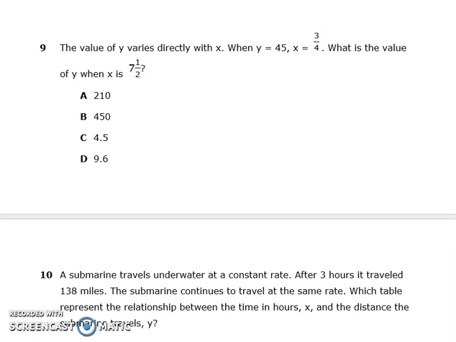The value of y varies directly with x. When y equals 45, x equals 3/4. What is the value of y when x is 7 1/2? A. 210. B. 450. C. 4.5. Or D. 9.6.